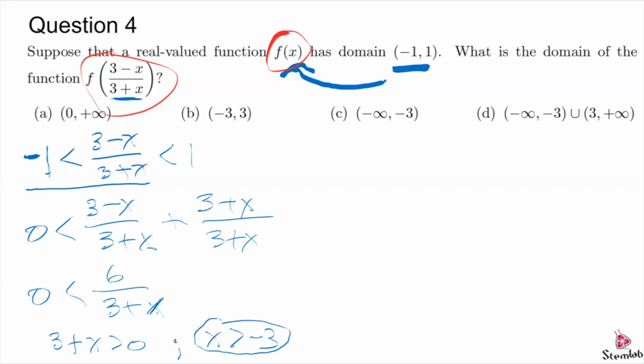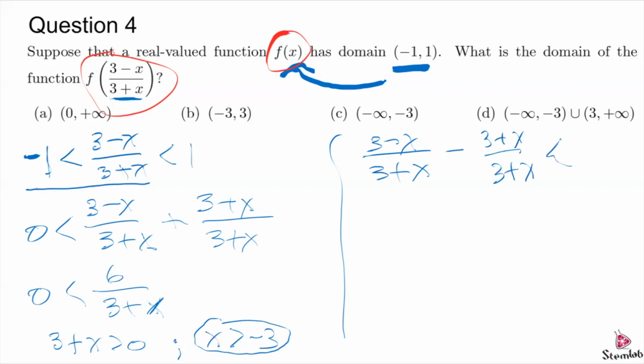Okay, so solving the right side, we have (3 minus x) all over (3 plus x) minus 1, so minus (3 plus x) over (3 plus x), is less than 0. The 3's will cancel, and we'll end up with -2x over (3 plus x) is less than 0.